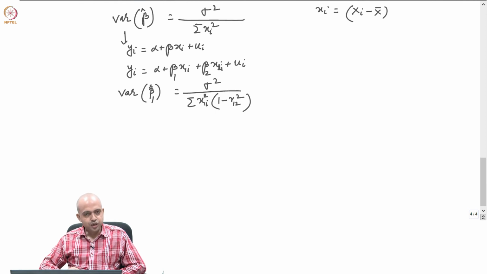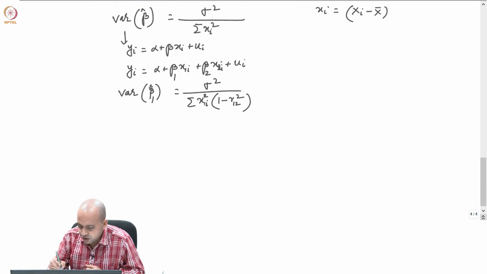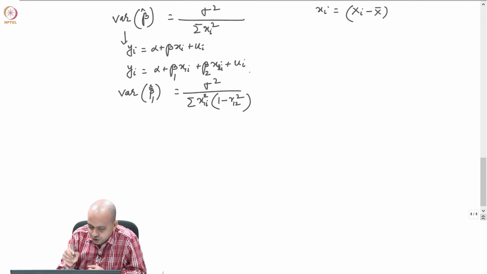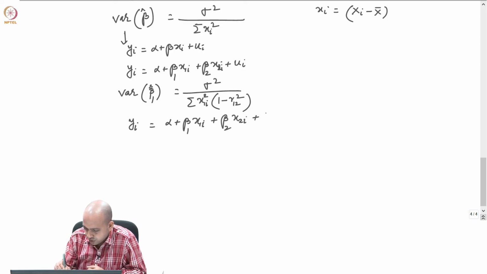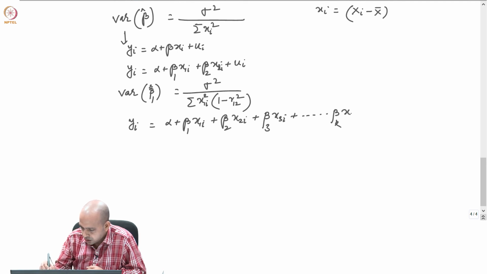So, similarly, when you have a multiple linear regression model, let us say your model now changes as alpha plus beta 1 x1i plus beta 2 x2i plus beta 3 x3i plus dot dot dot beta k xki plus ui.